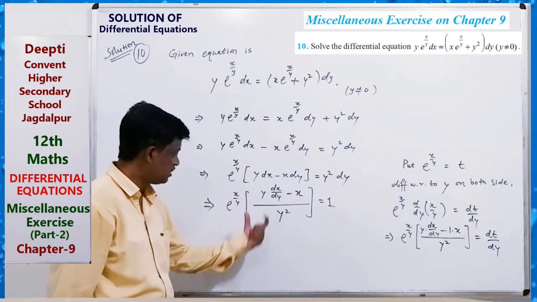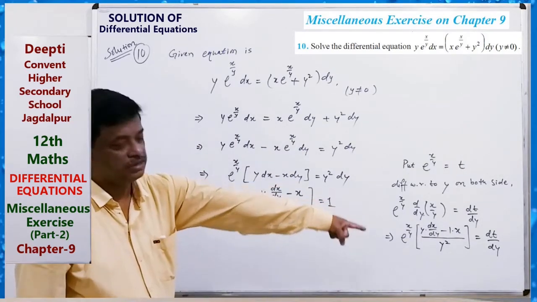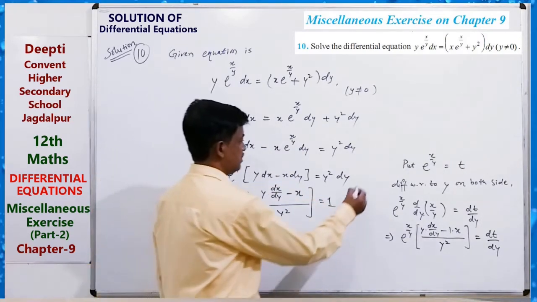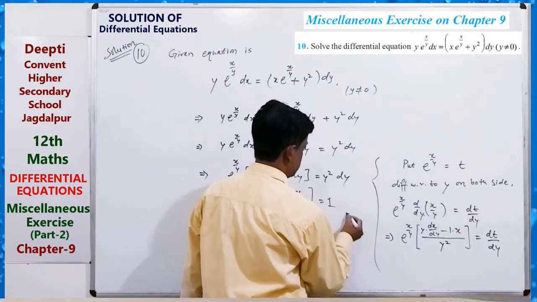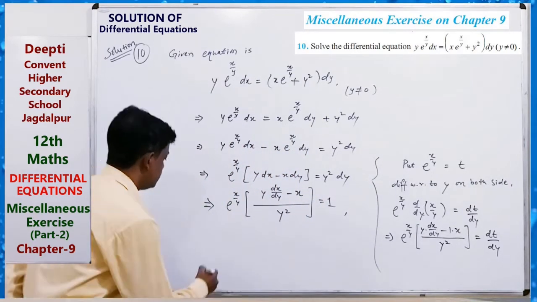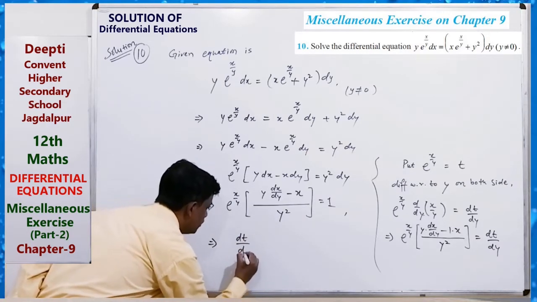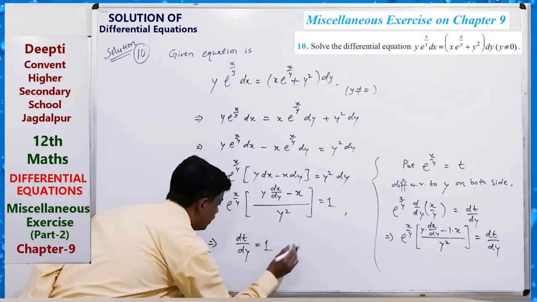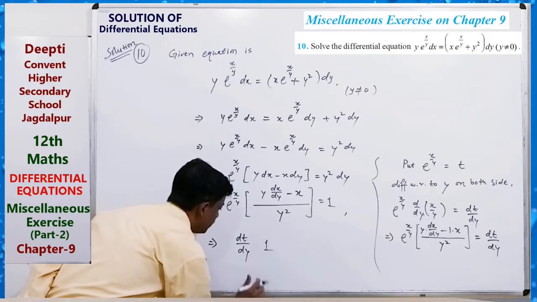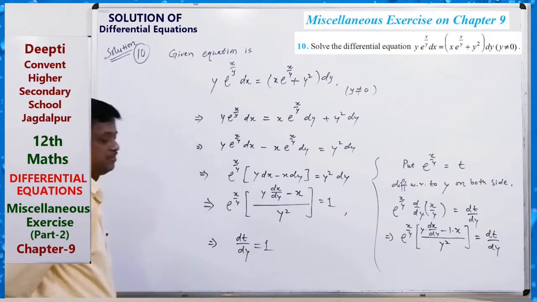So the left hand side is dt by dy, which implies dt upon dy equals 1.